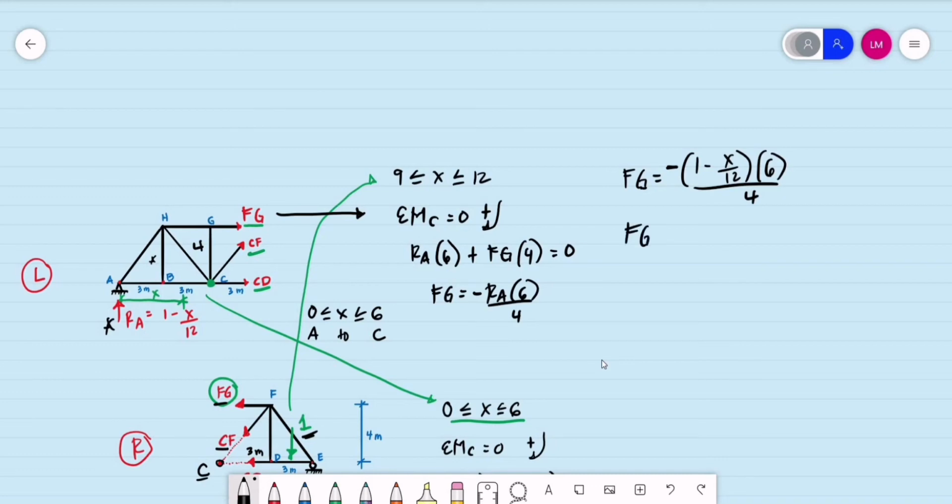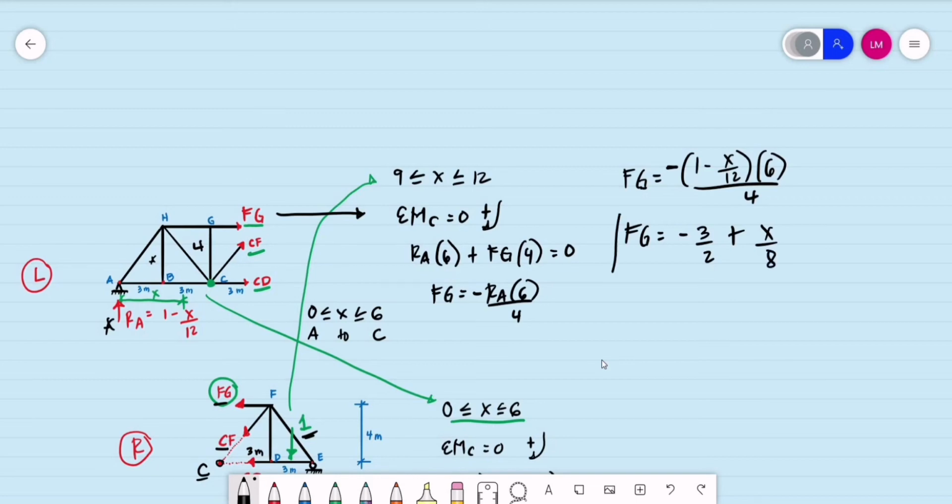We have the axial force for member FG is negative, 6 over 4, that is 3 over 2. So negative 3 over 2, then negative times negative will be positive. 6 over 12 is 1 half, then 2 times 4 on the denominator, that will be X over 8.